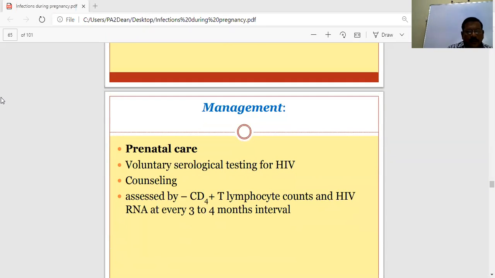Coming to the management, prenatal care, voluntary serological testing for HIV, and counseling have to be done, and the patient assessed by CD4 count, T lymphocyte count, and HIV RNA at every 3 to 4 month interval.